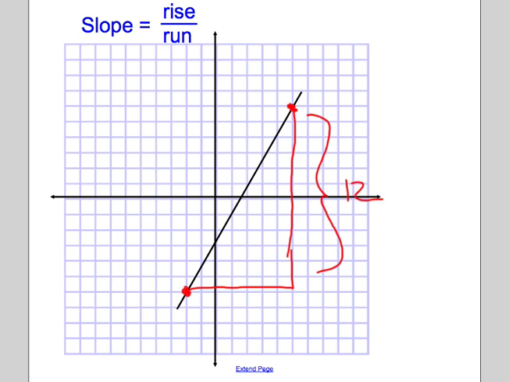It's a lot easier when there's numbers on it. And here it's 1, 2, 3, 4, 5, 6, 7. So the rise is 12 and the run is 7. So 12 over 7. And then is it going uphill or downhill from left to right? Uphill, that's a positive slope. So your slope for this line is 12 over 7.